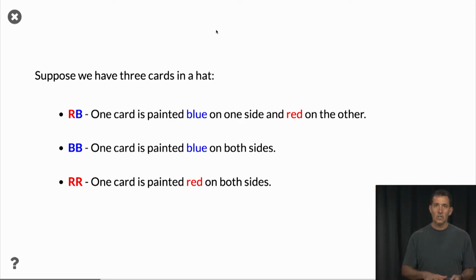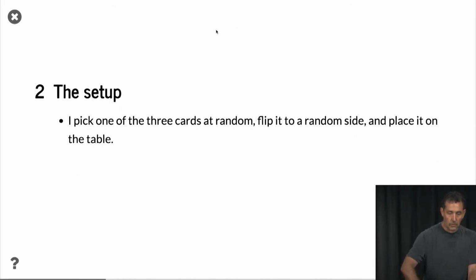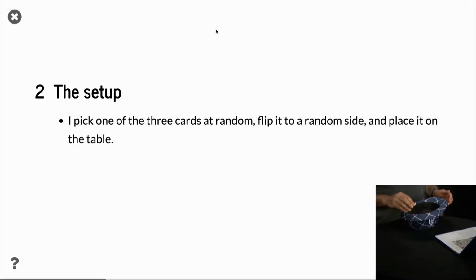So we have these cards in the hat, and we mix them. We pick a card at random, and we put it on the table. So here we have a blue card on the table.